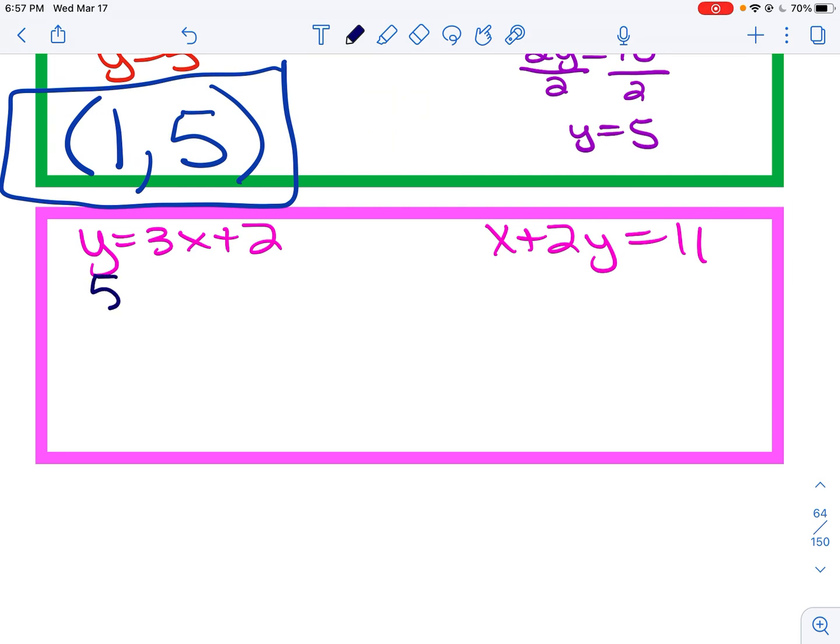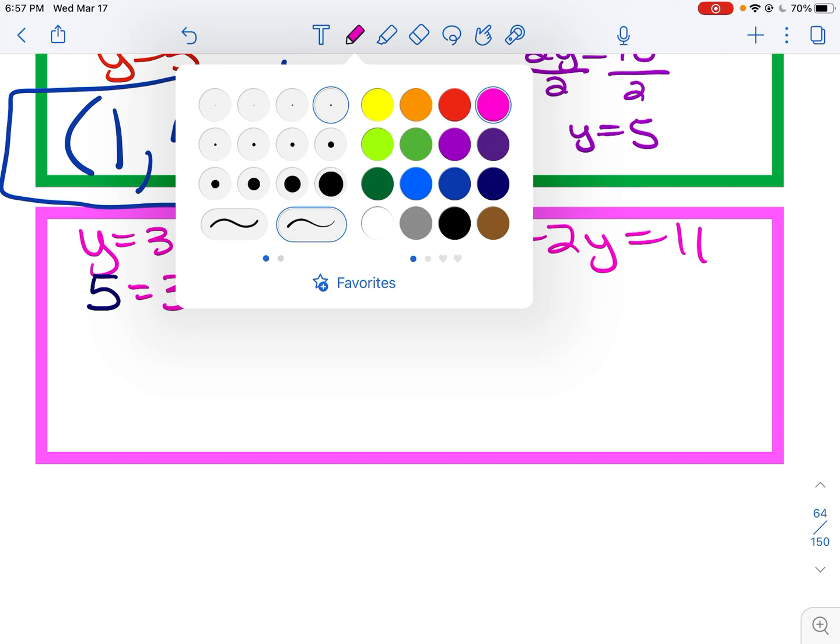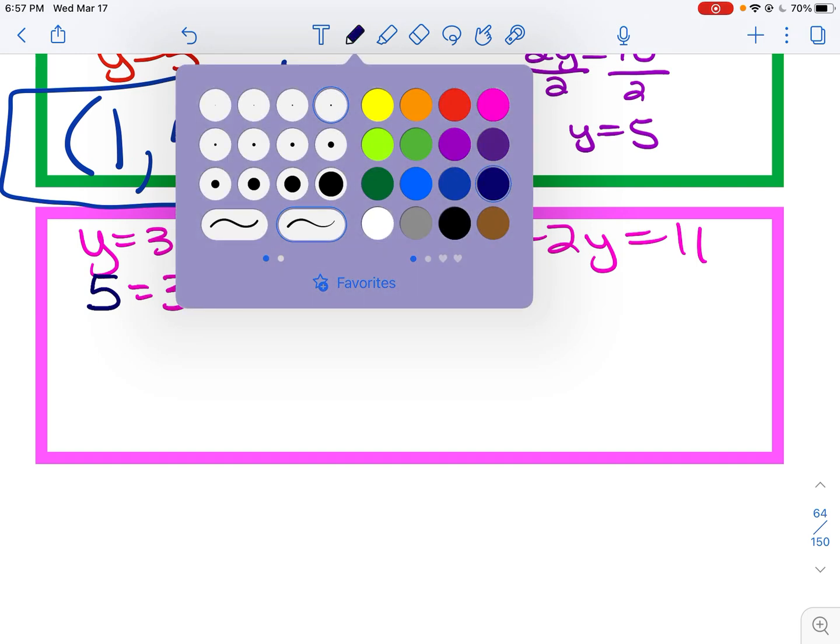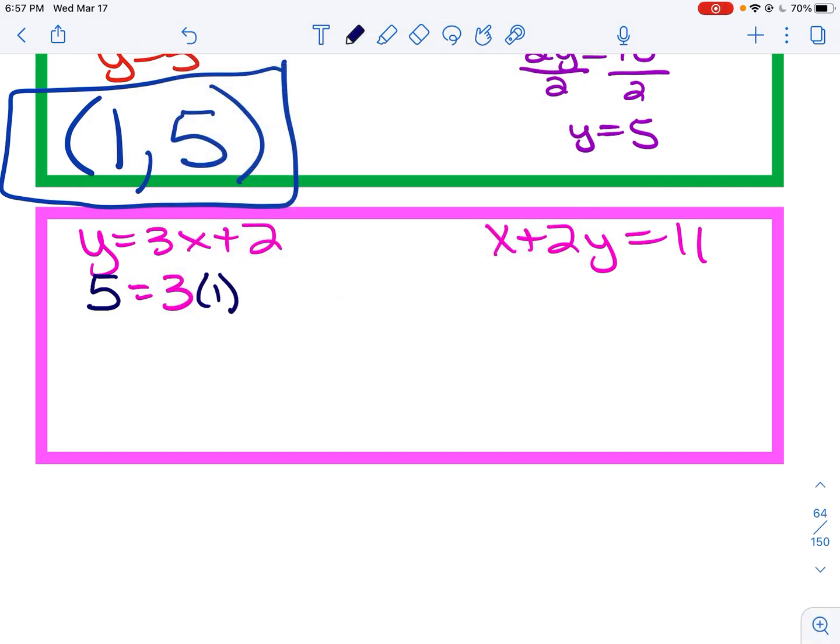The y is 5 equals 3. The x was 1. Plus 2. So 5 equals 3 plus 2. 5 does equal 5. It checks off that it is a solution for this one.